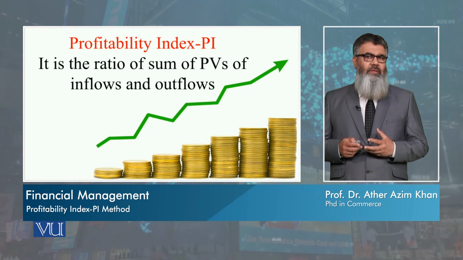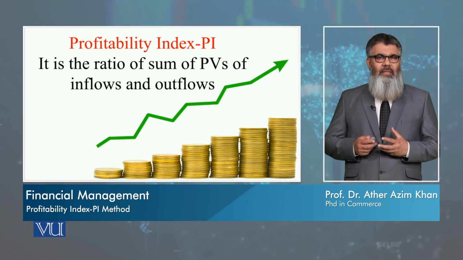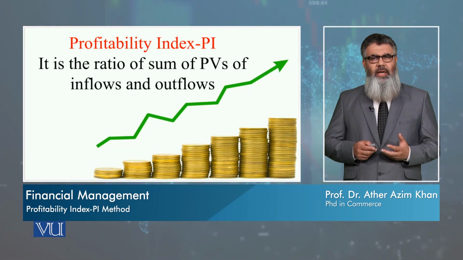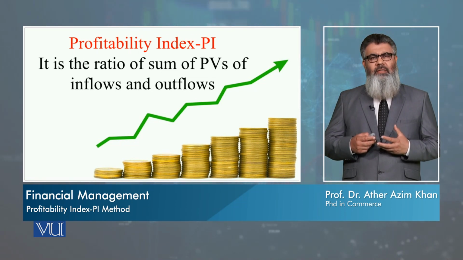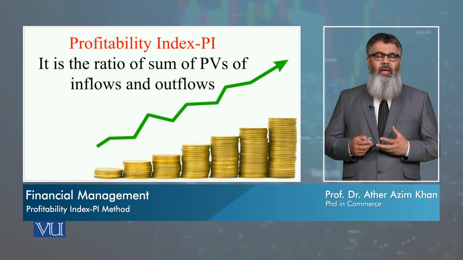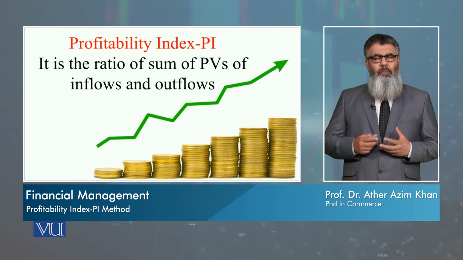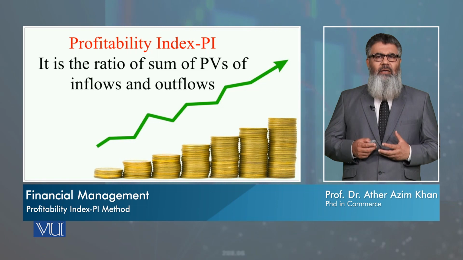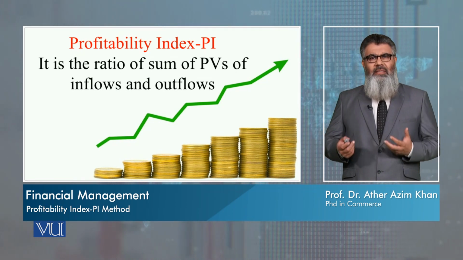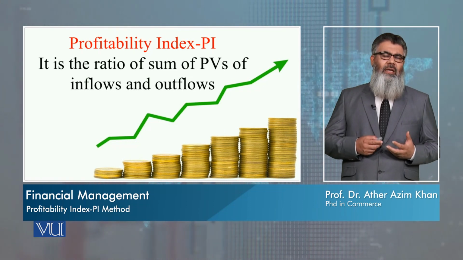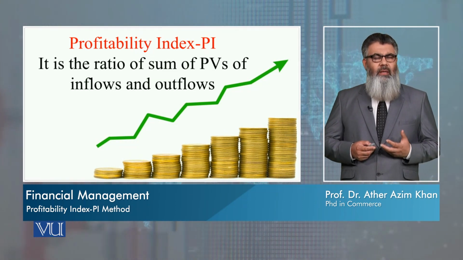यानी हमने net present value की discussion में ये देखा था कि यही दो चीज़ें हैं जिनको हम relate करते हैं, यानी sum of present values of inflows and outflows. Net present value में हमने इनका difference देखा था, यानी इनकी amount को एक में से minus करके outflow को फिर हमने देखा था कि net value हमारे पास क्या आती है.